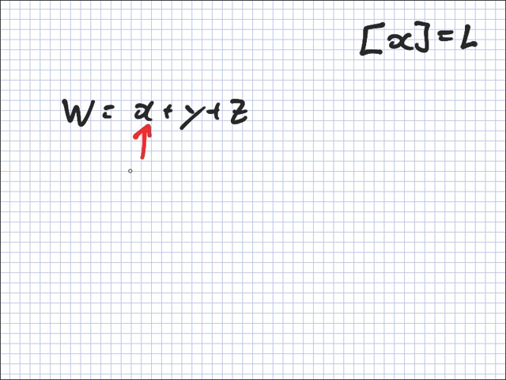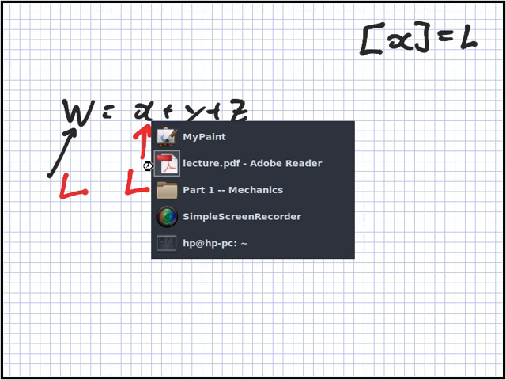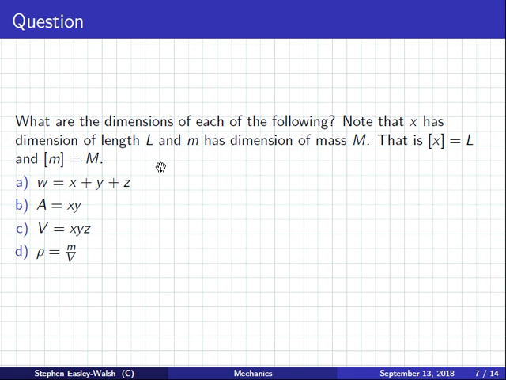So this is a length. So what is this? Length. Yeah, but why? Because only length can be added with plus. Yeah, very good. So these must be length also. So then this must be length. Okay, good. I think you have the idea.